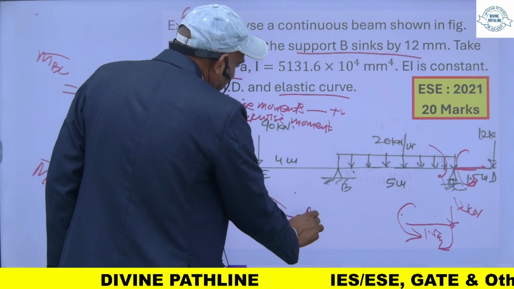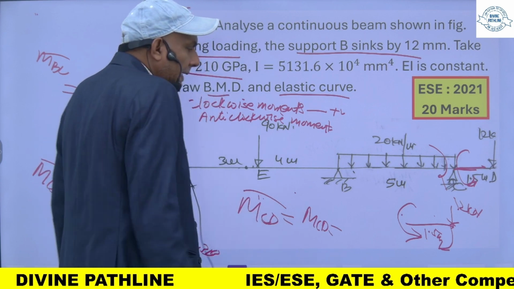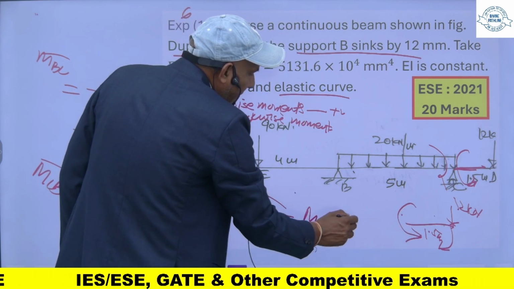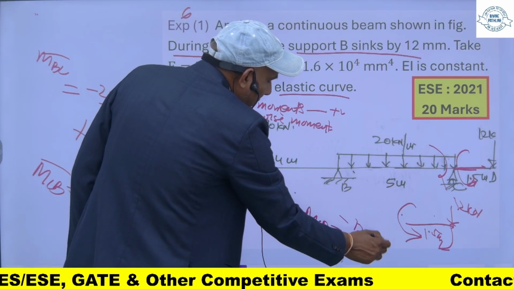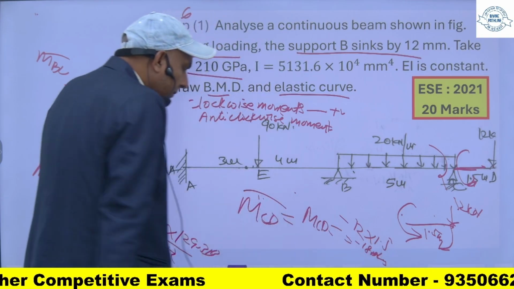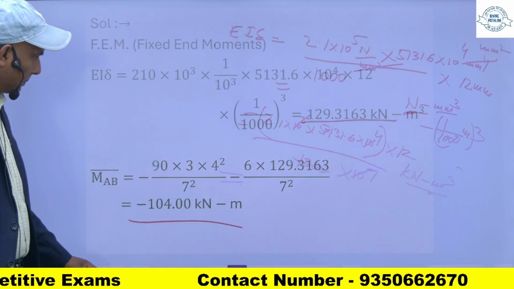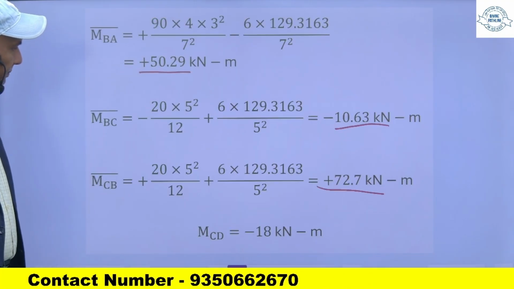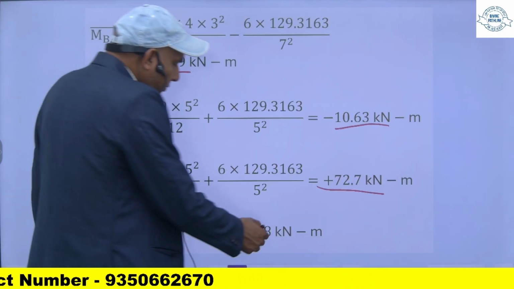This will be anti-clockwise, and it will be 12 into 1.5, and this is negative. So it is minus 18 kilonewton meter. So these are my fixed end moments.